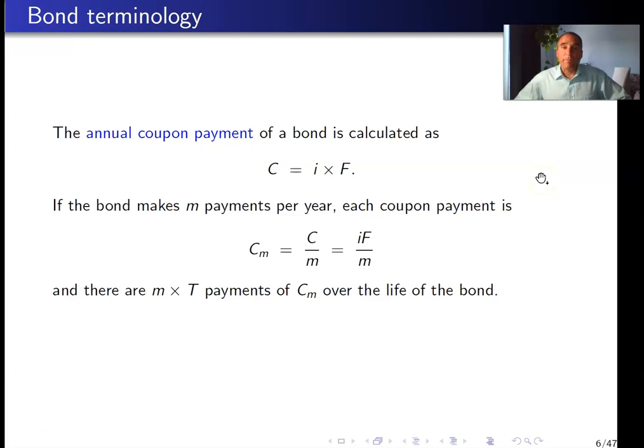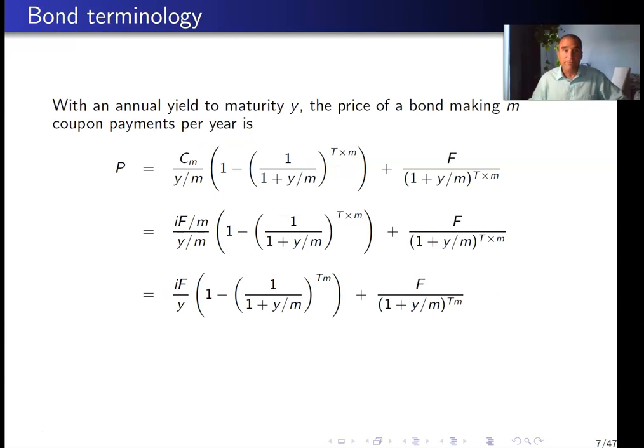The annual coupon payment is calculated as the coupon rate times F. And if there are M payments per year, each coupon payment is I times F divided by M. So the price of the bond with a maturity date in years given by capital T, and that makes M coupon payments per year, will make a total of T times M coupon payments.